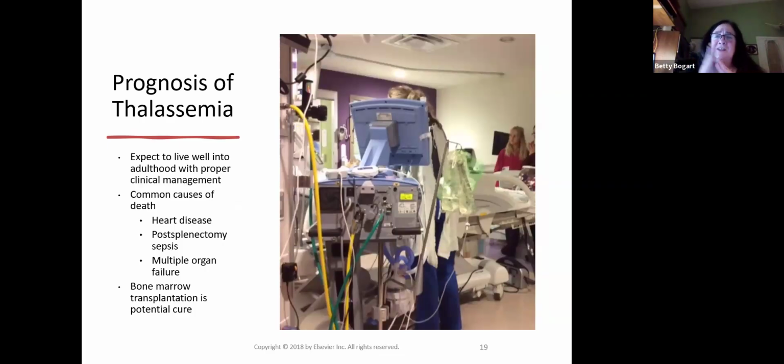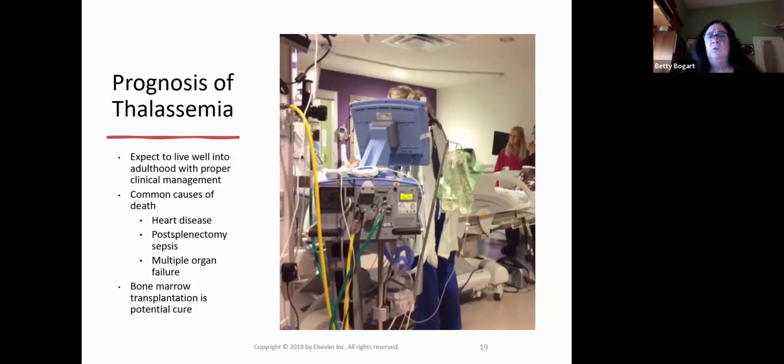Let me beat faster. So now you're going fast beat, slow beat, fast beat, slow beat. And the heart goes into failure. That's usually what kills these children, because of the heart overworking, and it's so confused because of the iron and oxygen in the body.